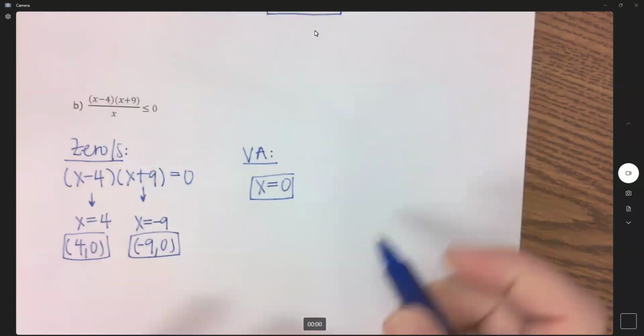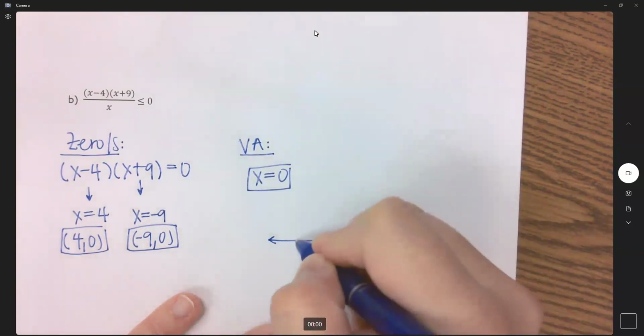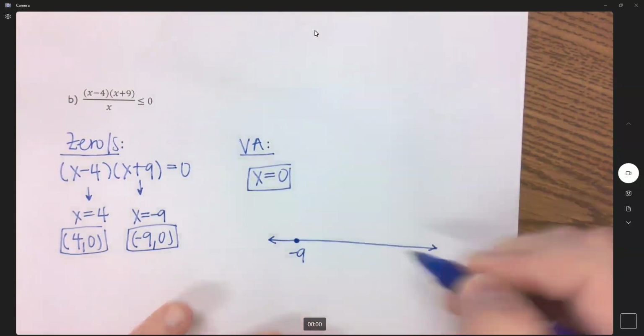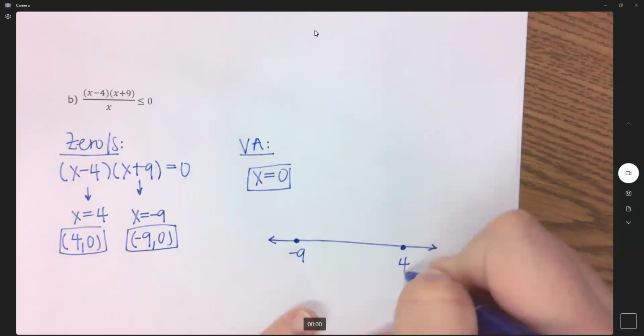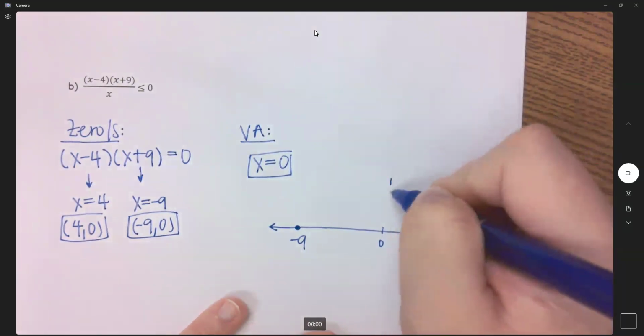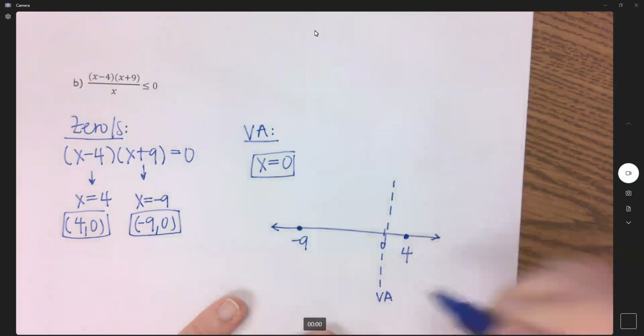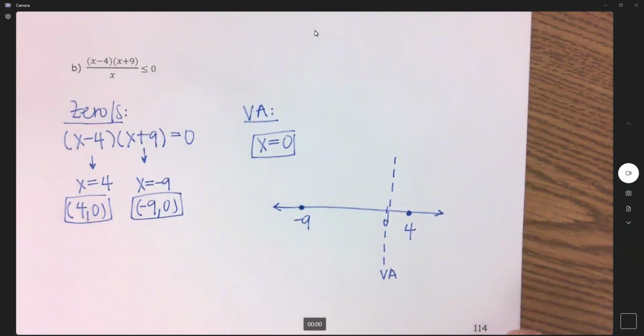So now if I make a rough sketch, we have a zero at -9 and at 4. And then right here at 0, we have our vertical asymptote.